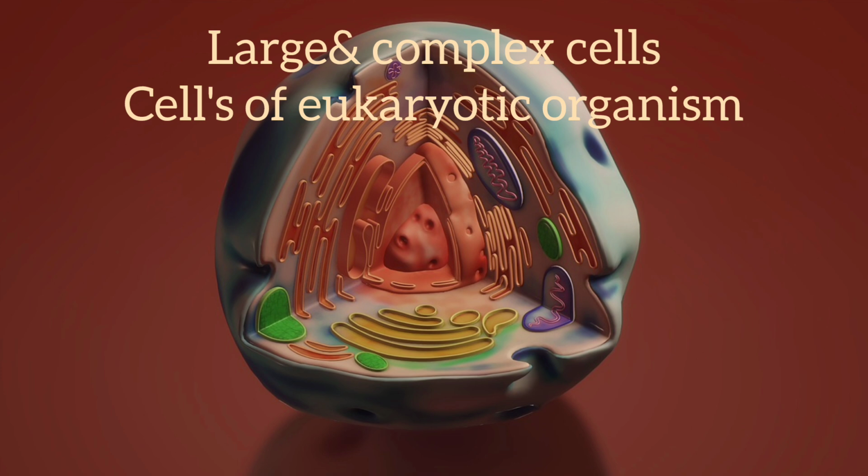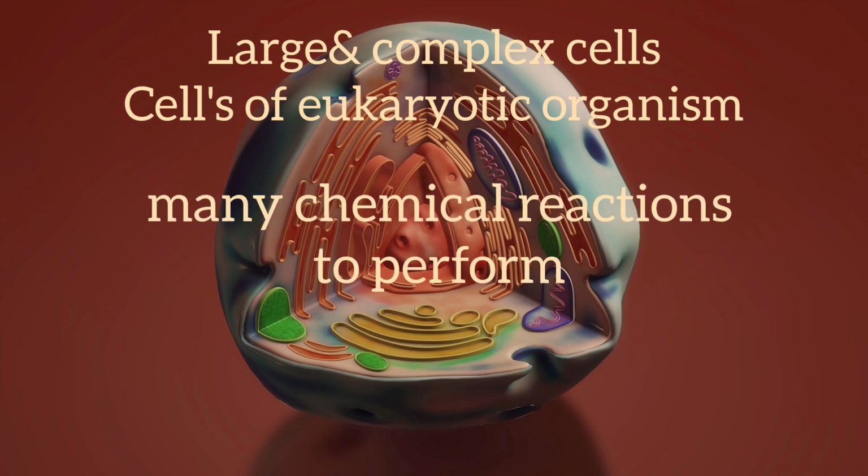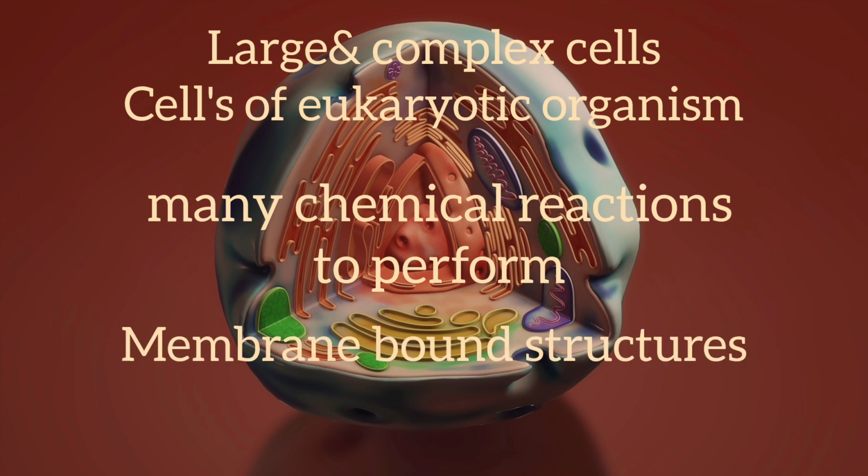Large and complex cells, that is the cells from humans, animals, plants, etc., need to carry out many chemical activities to function properly. To keep these activities organized and separated, the cells have small membrane bound structures inside the cytoplasm.